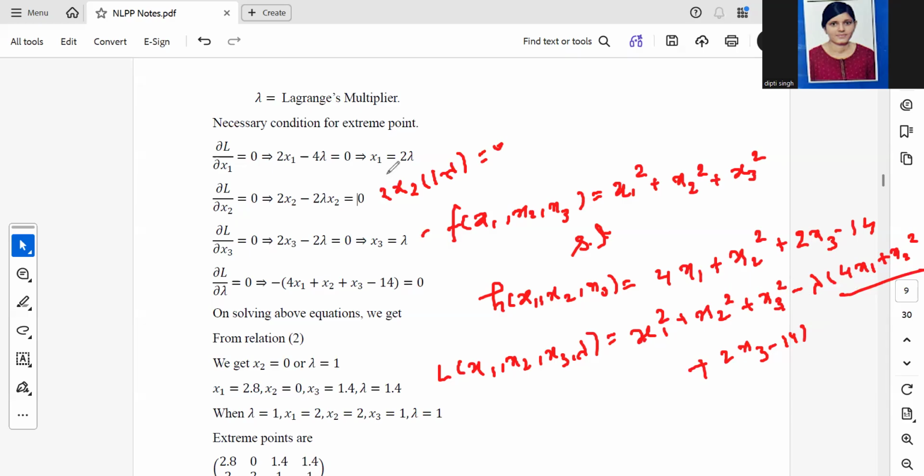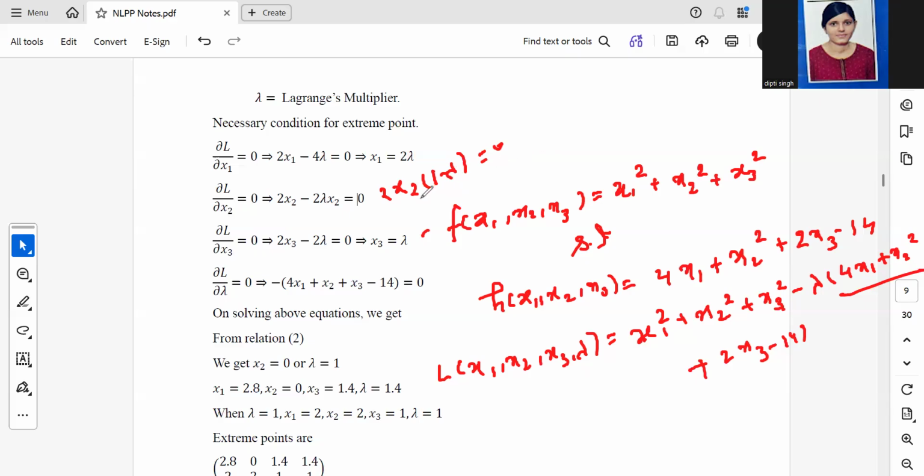Now, solving these equations, we have to calculate the values of x1, x2, x3 and lambda. From the second equation, twice of x2 times (1 minus lambda) equals 0. Since 2 is greater than 0, either x2 will be 0 or 1 minus lambda will be 0.